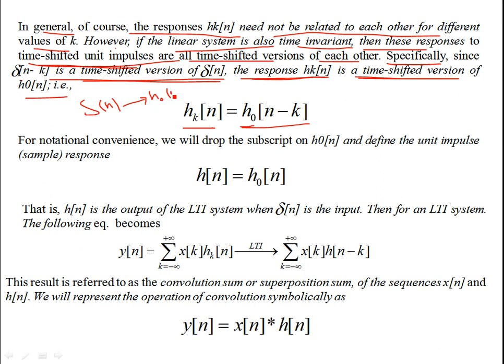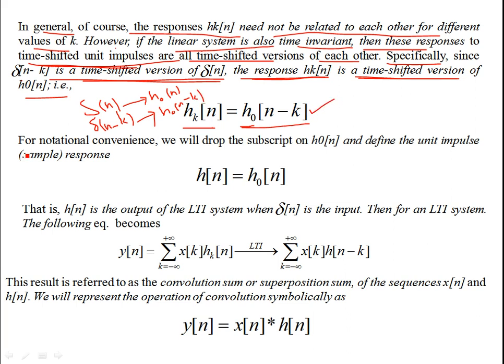Then if you apply to the same system delta n minus k, and the system is time invariant, the output in terms of h naught becomes h naught n minus k. So this is exactly what this statement means, right?